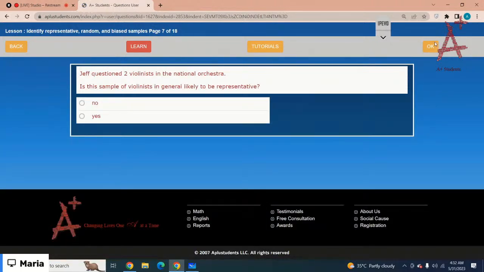Jeff questioned two violinists in the national orchestra. Is this sample of violinists in general likely to be representative? So, which is the correct option?